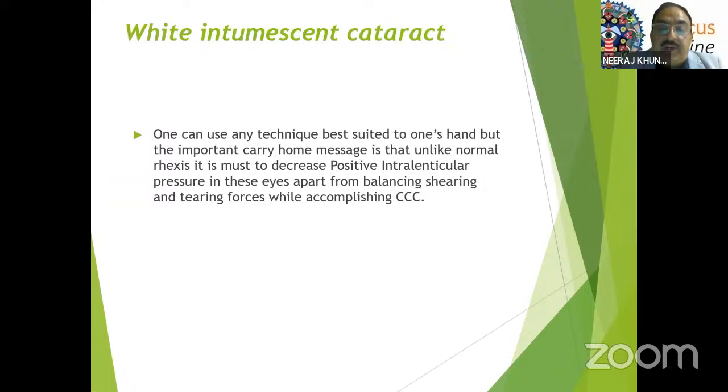But the important carry-home message is that, unlike normal rhexis, it is a must to decrease the positive intralenticular pressure in these eyes, apart from balancing shearing and tearing forces by accomplishing CCC. That is how we can avoid the Argentinian flag sign.